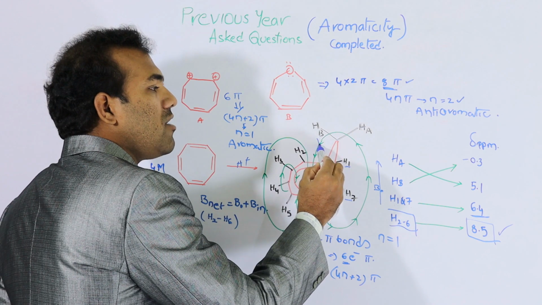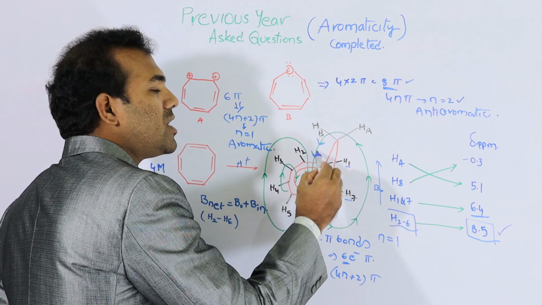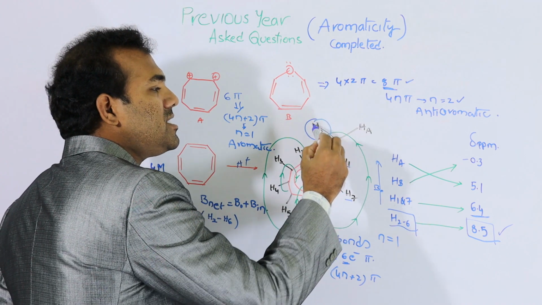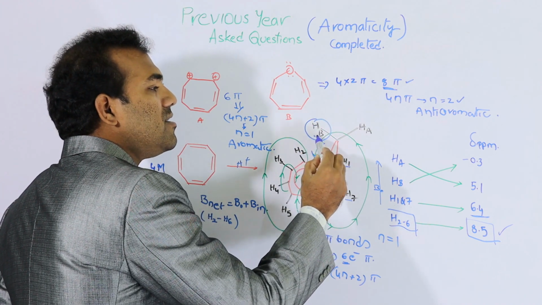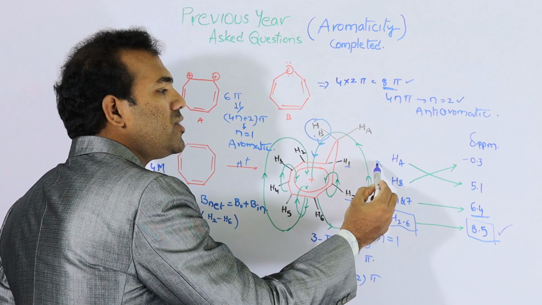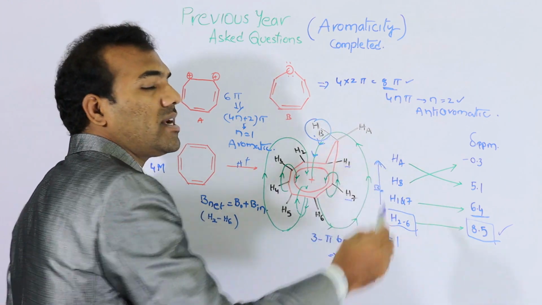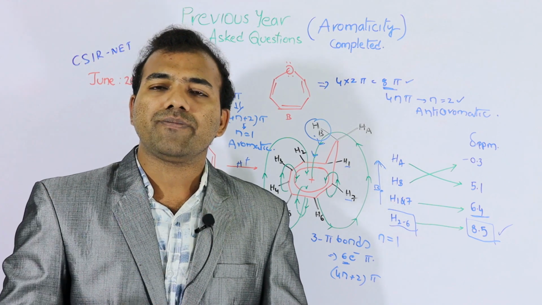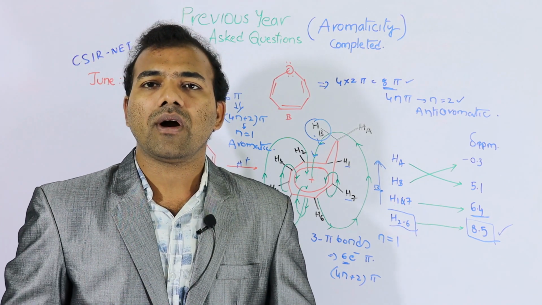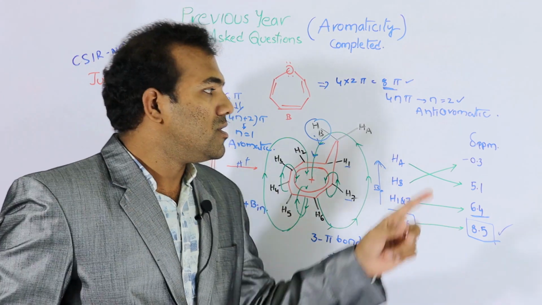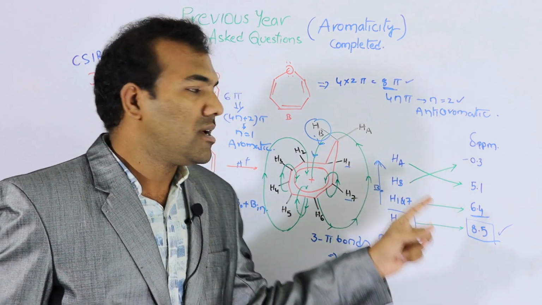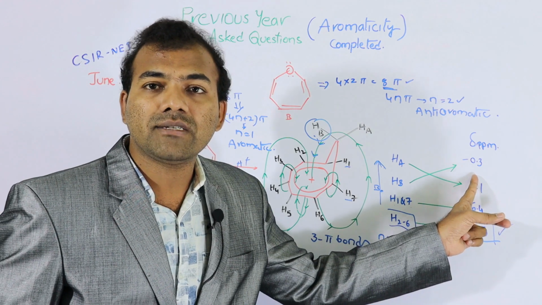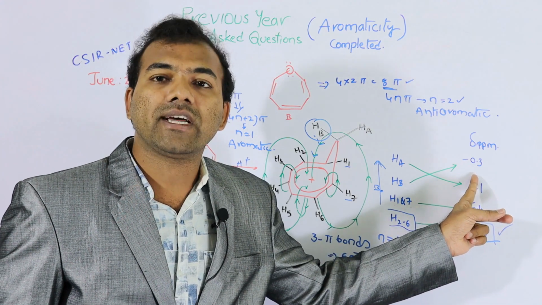So the direction of the induced magnetic field is downwards. Okay. So this Hb comes under this region, which is opposite in direction to the external magnetic field, so the net magnetic field value will be low, and the chemical shift value also will be low. So among those 4 options, Hb represents a low chemical shift value, that is minus 0.3. So that is the reason.